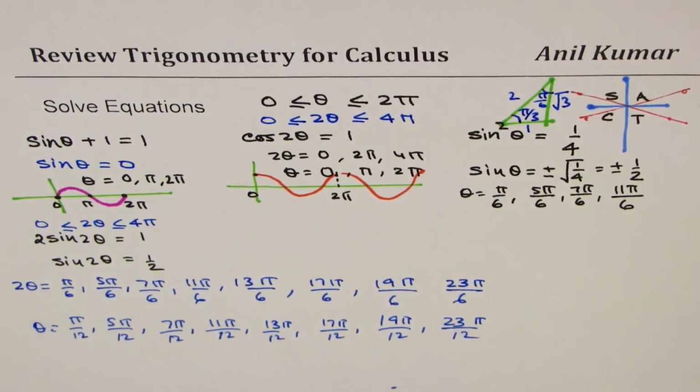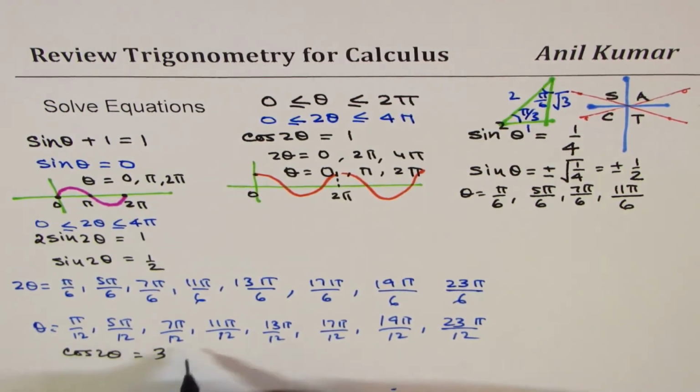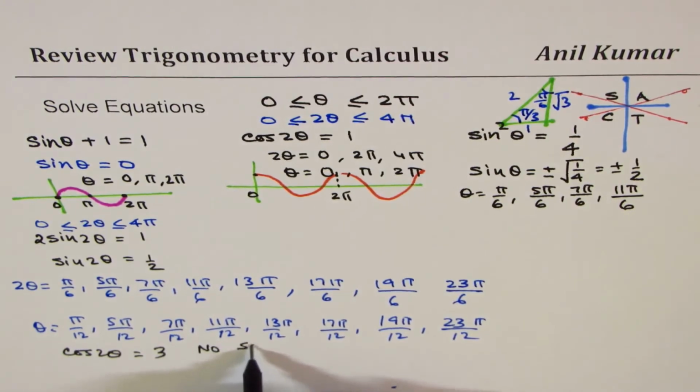Do you see a small change which I made in the equation resulted in a huge difference in the number of solutions, right? So that is a very, very important part to understand. Now if I give you an equation which is, let's say, cos 2 theta equals 3, well, we know that that is not possible, so no solution.